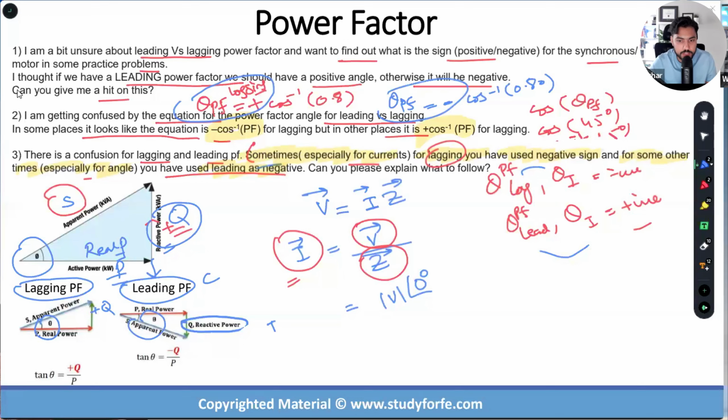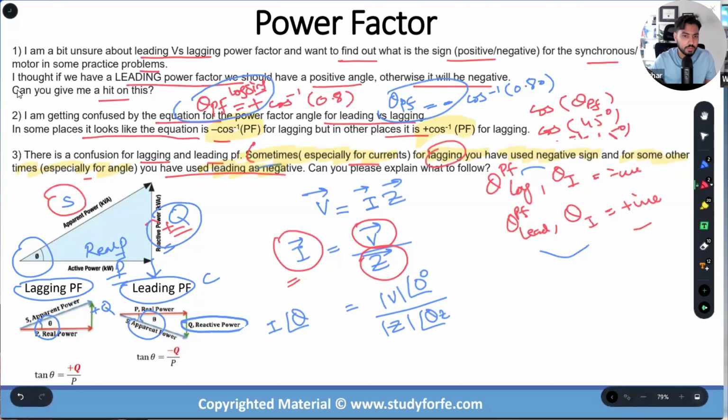This is my current, and the current angle is equal to V divided by the magnitude of Z. I'm expressing this in the polar format. And Z has an angle theta Z.